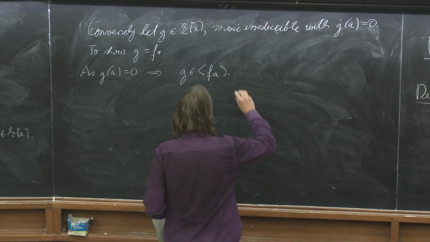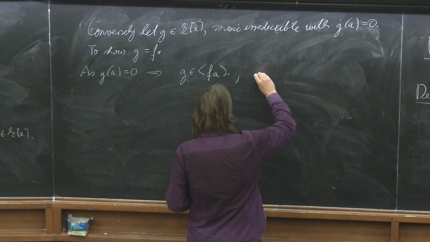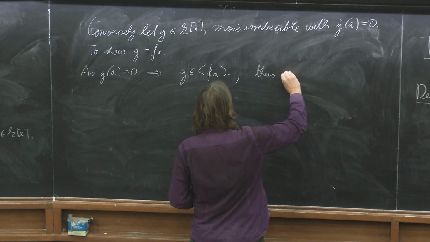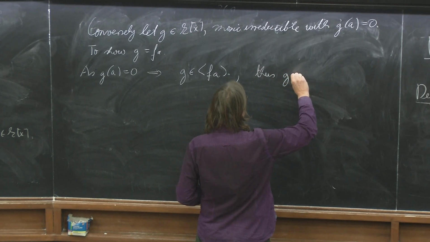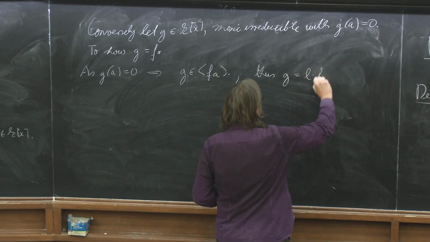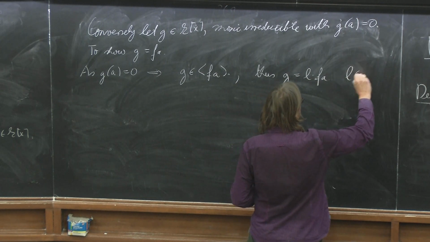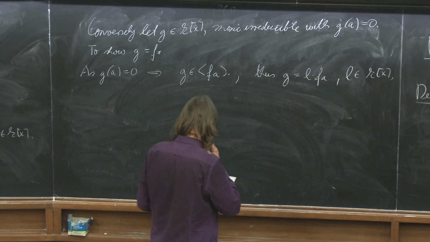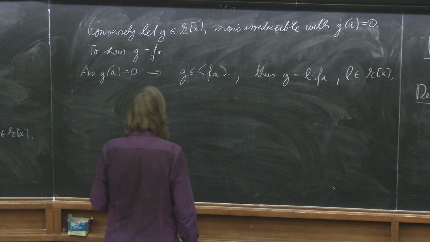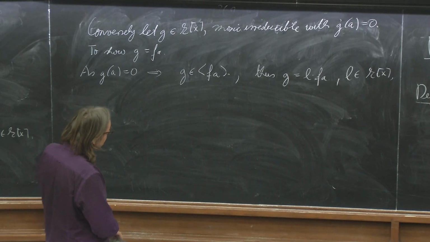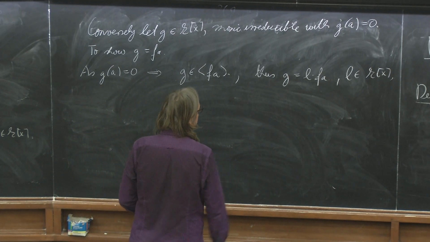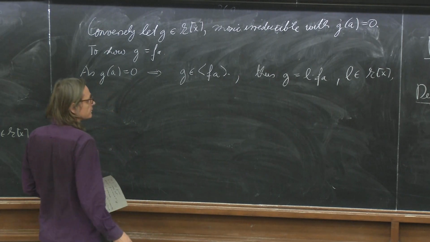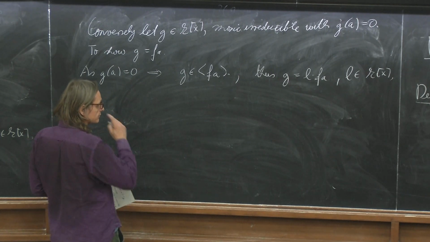Thus, we are again in the same situation. We can write g equal to l times f_A, l some polynomial. But we know that g is irreducible, so l must be a non-zero constant.